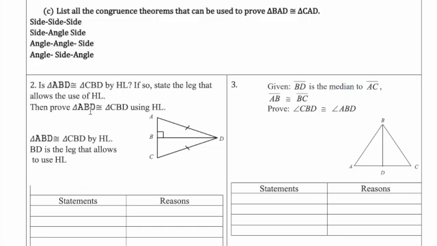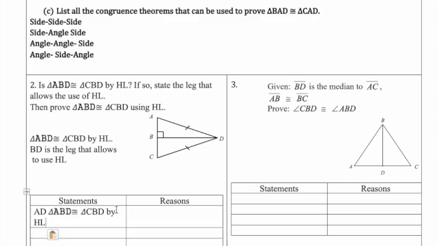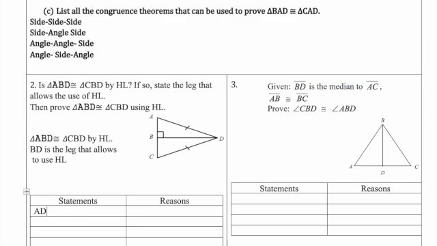Okay, so we are given, right, by the marks here, that AD is congruent to CD. Okay, and well, line segment AD is congruent to line segment CD.